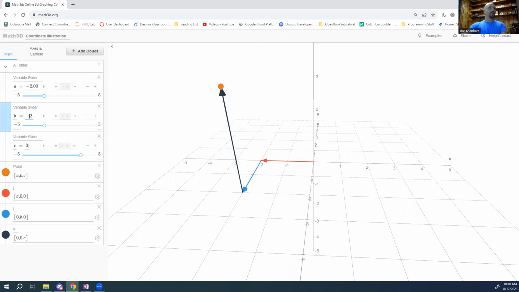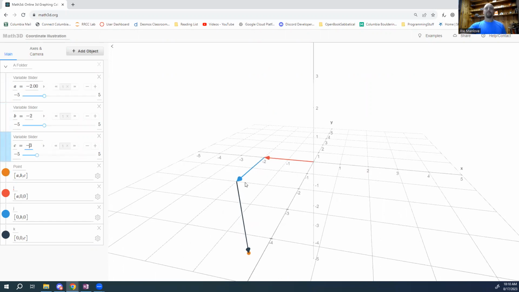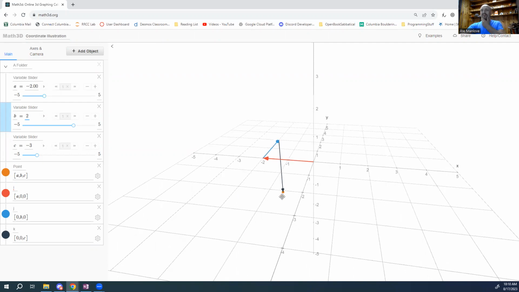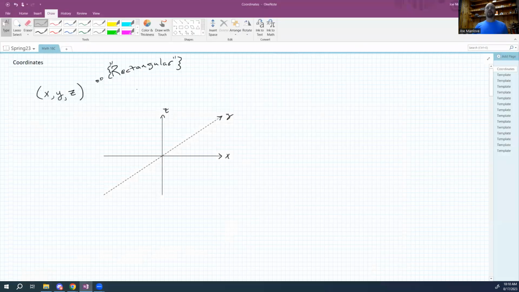If we make all of the variables negative, we'll see that we're going left, back, and down, as opposed to something where we had some kind of mix where we might go left and forward and down. You can see that doing this, there are kind of 8 places that I can get to here. Those 8 places that I can get to here are called the octants.